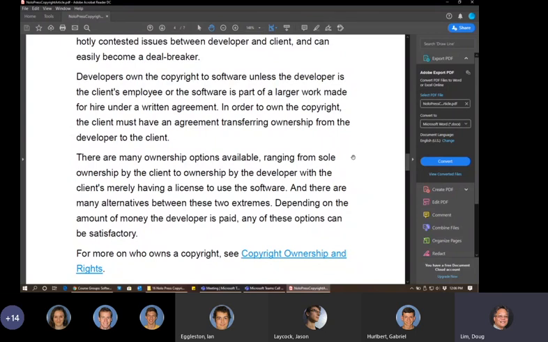Typically that would be the case in a lot of commercial products, like Microsoft products or any commercial software that you get off the shelf. And then there are many alternatives between these two extremes, depending on how much money the developer is paid, how much they're willing to pay for these rights, and how important those rights are to the continued business of the supplier.